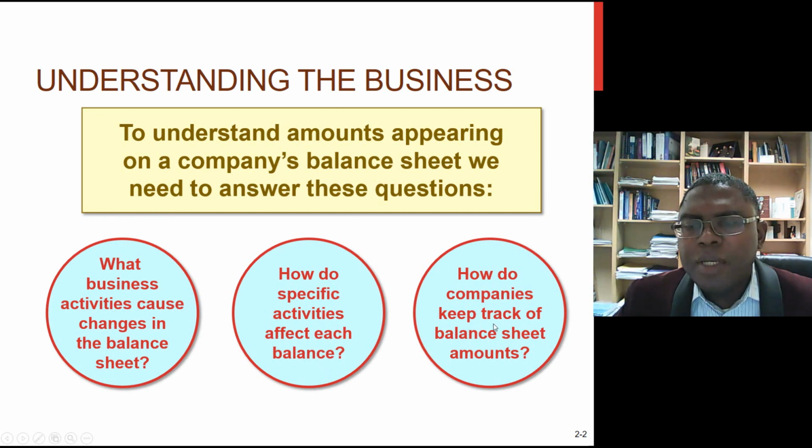And how do companies track the balance sheet amounts? So the bigger question is the final figures that we have on the balance sheet. How do we arrive at those figures? What are the activities that occur in the business that result in the figures we have on the balance sheet?